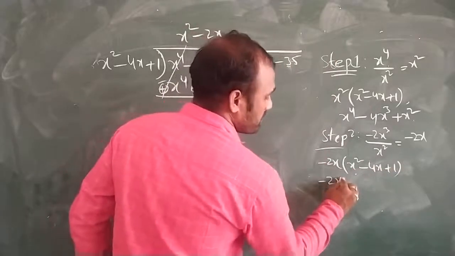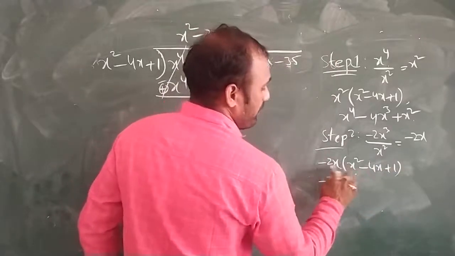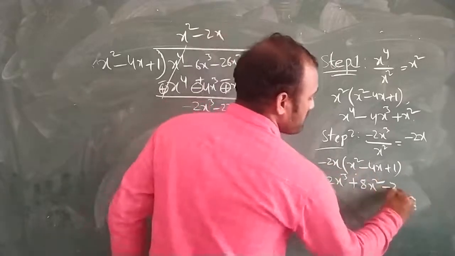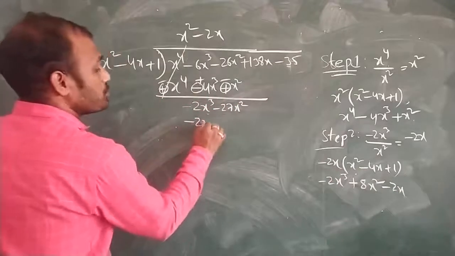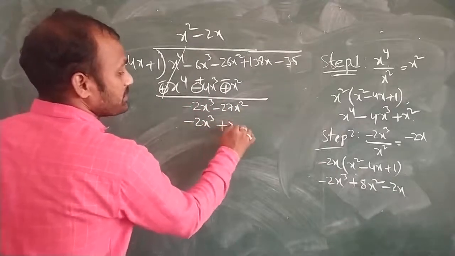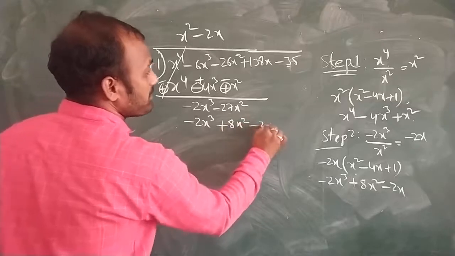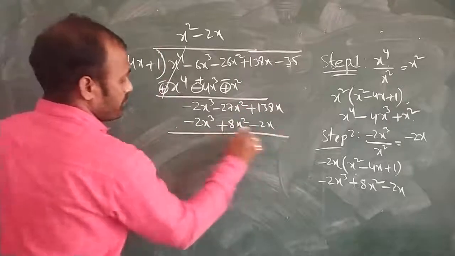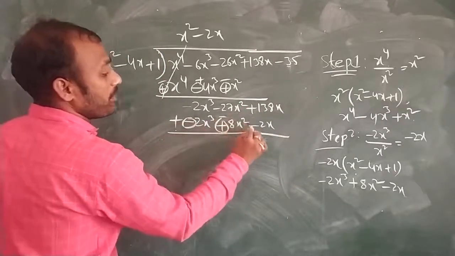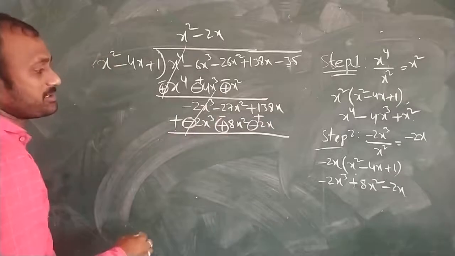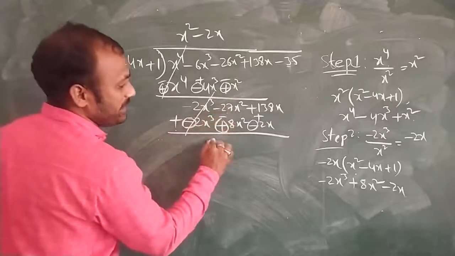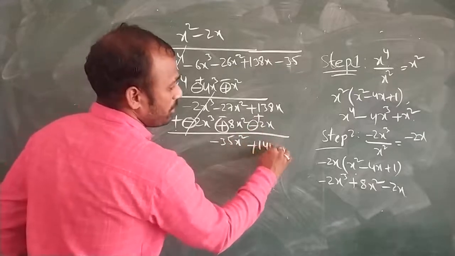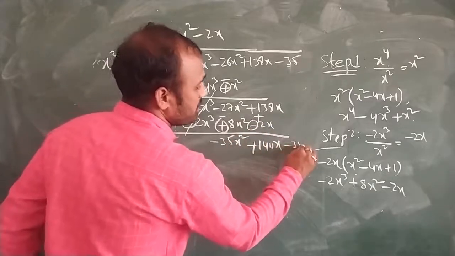So it will become minus 2x cube, minus into minus plus, 2 4s are 8x square, minus 2x. This also we can bring down. So minus will become plus, plus will become minus, minus will become plus. This will get cancelled. So minus 27 minus 8, it will be minus 35x square plus 140x minus 35.